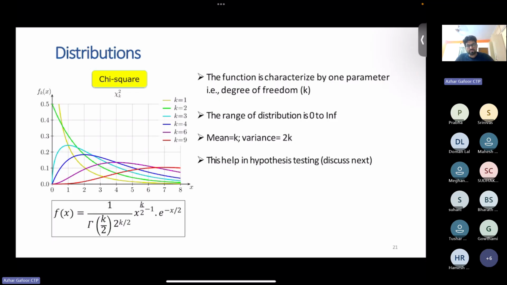It is actually got by squaring and adding many normal distributions. So we have independent standard normal distributions that we square and add, and that ends up as a chi-square distribution.